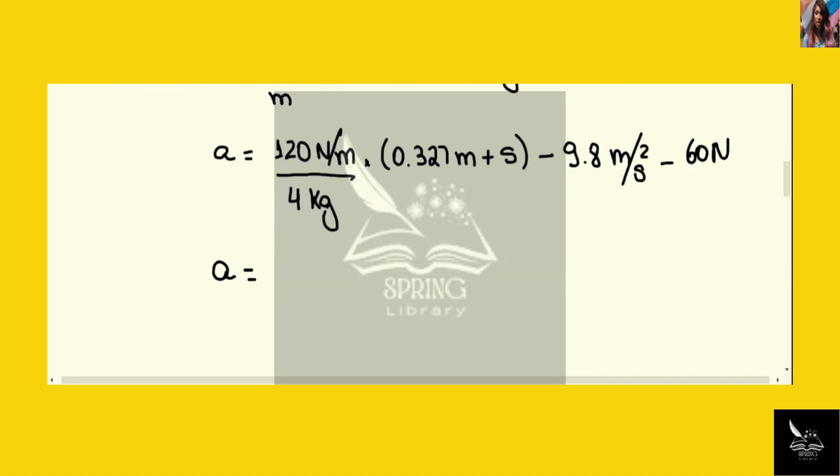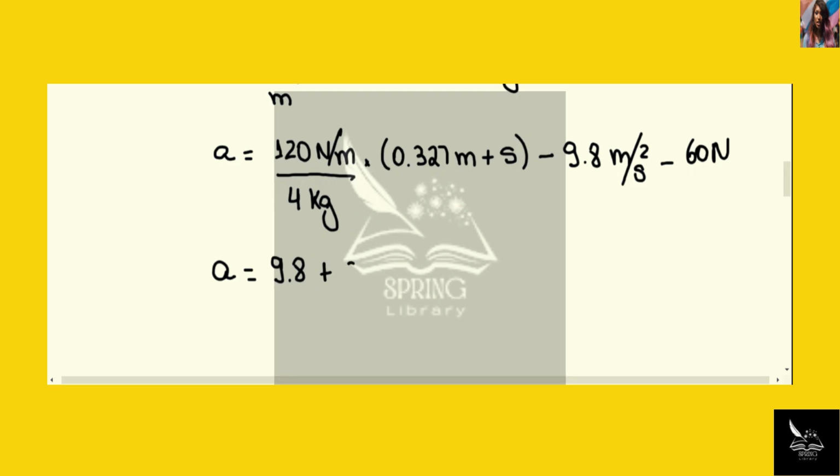So we have that a is equal to 9.8 plus 30s minus 9.8. I'm going to leave the unit implicit because it's always meters per second squared.